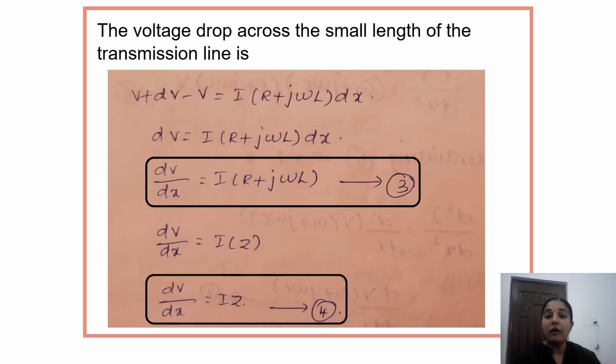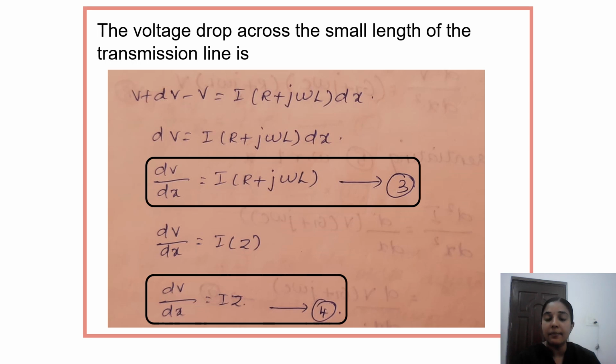So now we have voltage and current also. For the voltage drop, by using Ohm's law, we have V is equal to IR. So we have voltage at one point and the voltage at the other point. We have to find out the voltage drop. So V plus dV is the voltage at one end, minus V is the voltage at the other end, is equal to I into R. This R is a term that is our impedance.